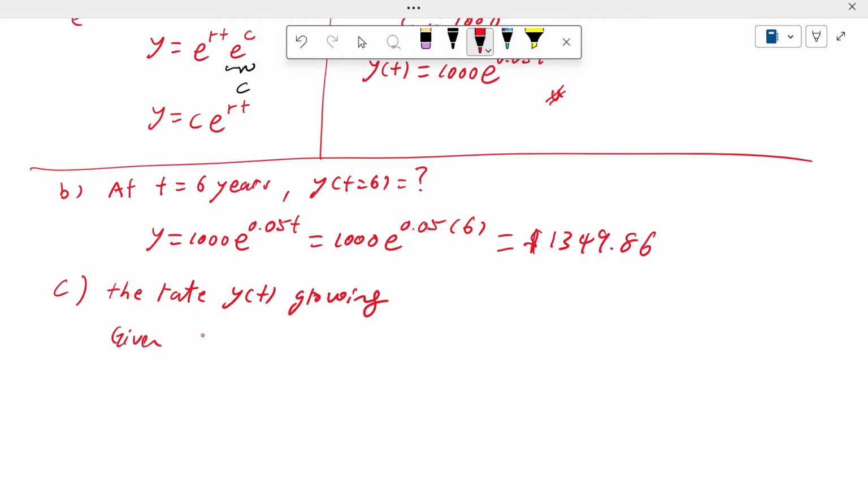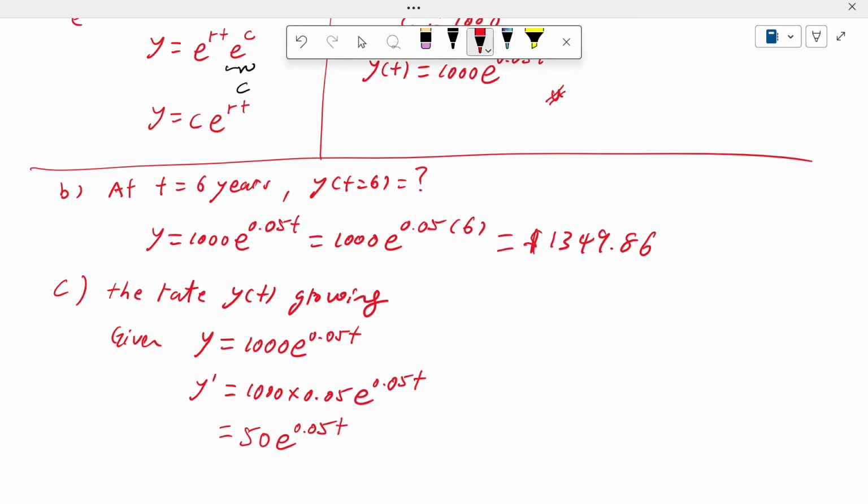We have y given as 1,000 exponential 0.05 t, so we take the derivative of this. Then y prime equals 1,000 times 0.05 exponential 0.05 t. This is y prime, the rate of change. So here we get 50 exponential 0.05 t.